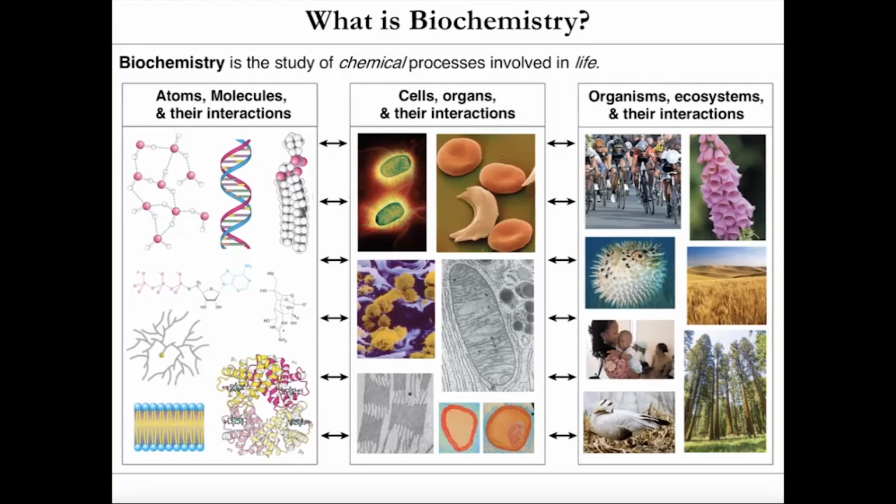We'll go into more detail in a minute, but biochemistry is basically the most fundamental of the biological sciences. If you think of biology, you might think of organisms, ecosystems, and their interactions: organisms and populations of organisms interacting with the ecosystem, the natural world. You have some bikers here, a plant, a pufferfish, some trees.